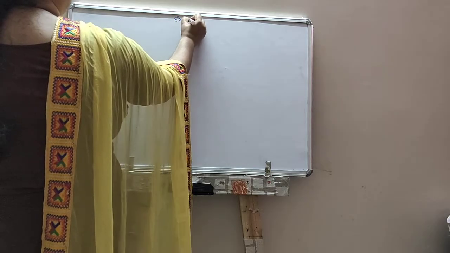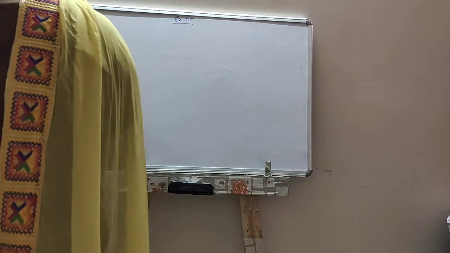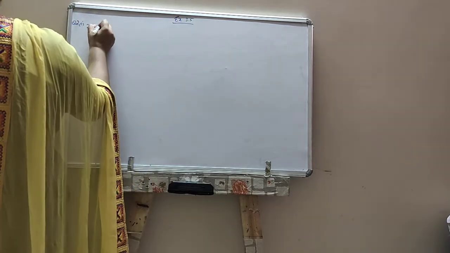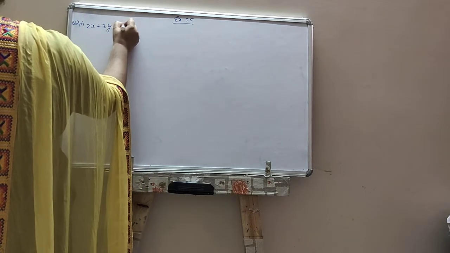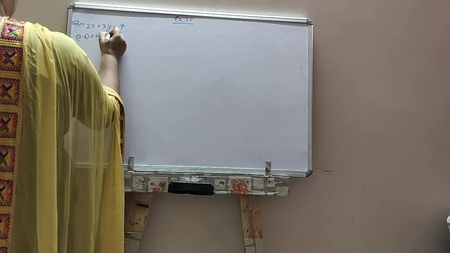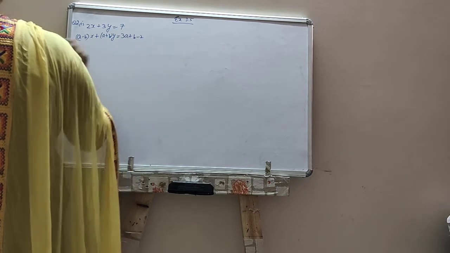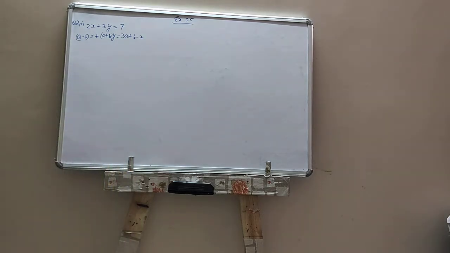Exercise 3.5 question second first part. They are saying the given equation is 2x plus 3y equals to 7, (a minus b)x plus (a plus b)y. But now they already tell us that there is an infinite many solution.